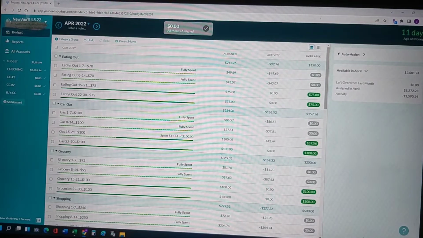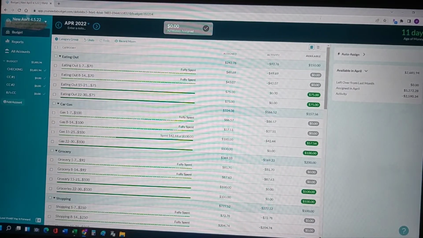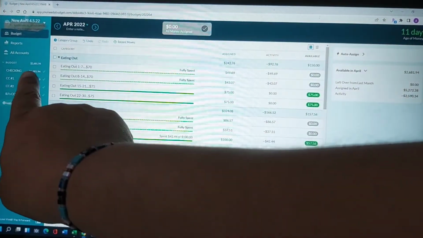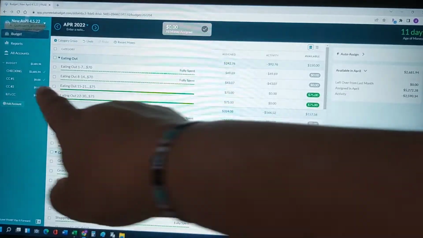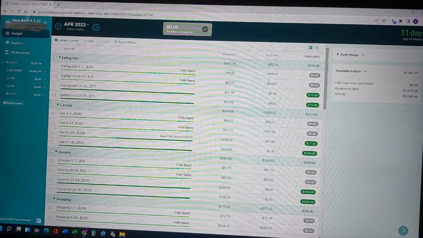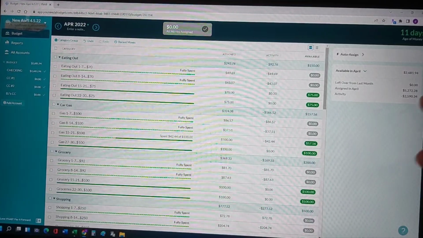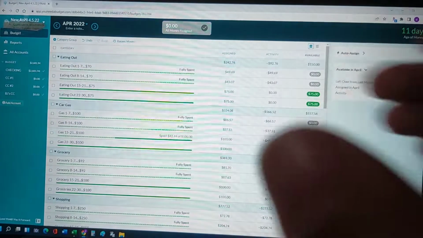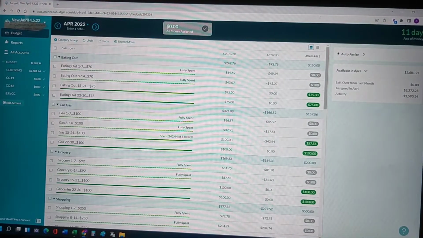How much of that is for eating out? How much of that is for gas? You know what I mean? That's what you want to do. You want to break down that paycheck, and that's what overtime is. So that's not even base pay, but that's a lot of overtime. Even if you're seeing it online, oh my God, it seems like a lot of money.